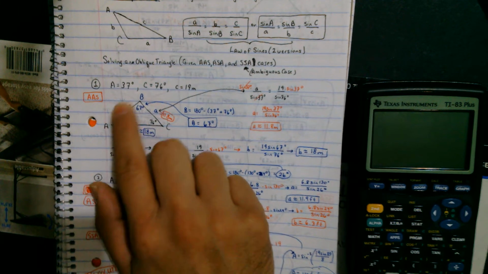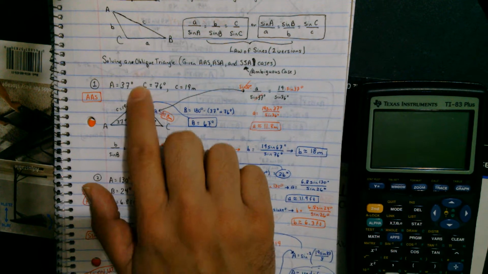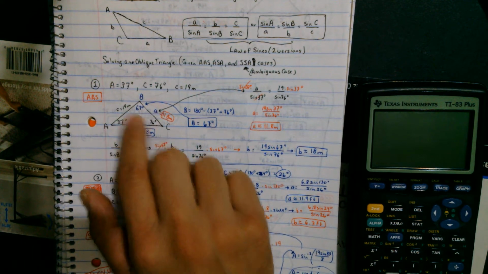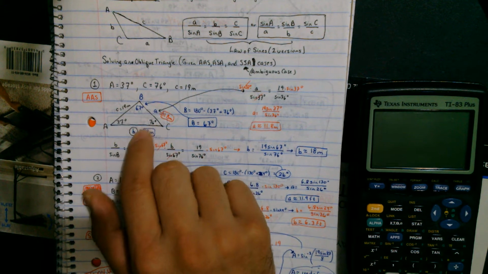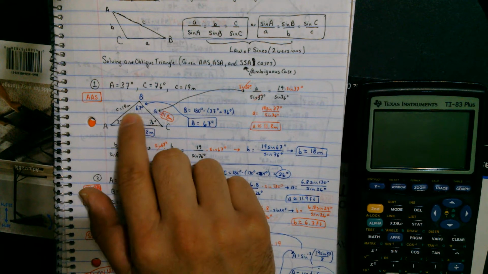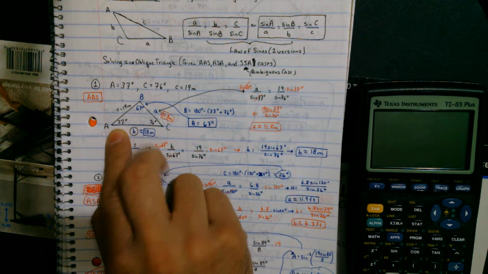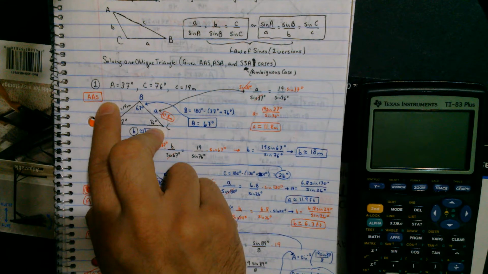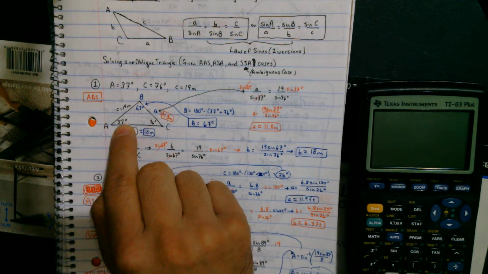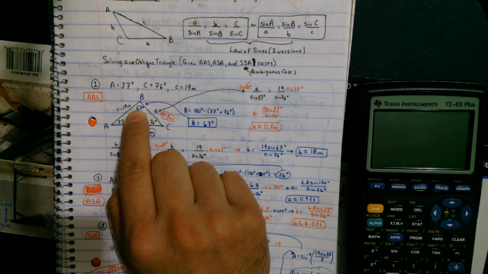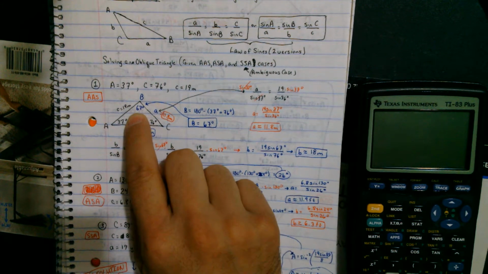You can make your own little triangle as long as you have A, B, C, with lowercase a opposite of angle A, lowercase b opposite of angle B, and lowercase c opposite of angle C. The lowercase are the sides, the capital letters are the angles. It's an angle, angle, side because you have two angles and a side opposite of one of those two angles, or a side not between those two angles. To find the third angle is pretty easy because all three add up to 180. You add the other two and take that away from 180 to get the missing angle.